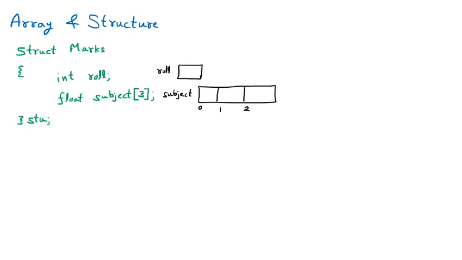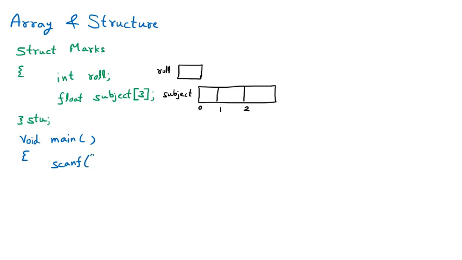Now if I have to take the input for these, let us suppose I am assuming there is some void main. Now inside this main function, if I have to take the input, then I will say scanf.